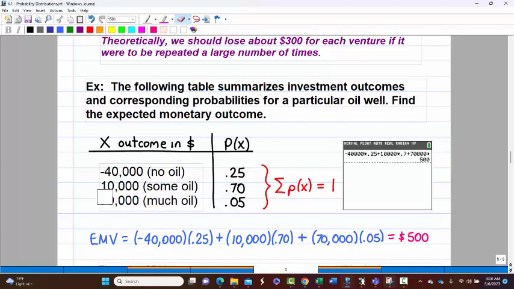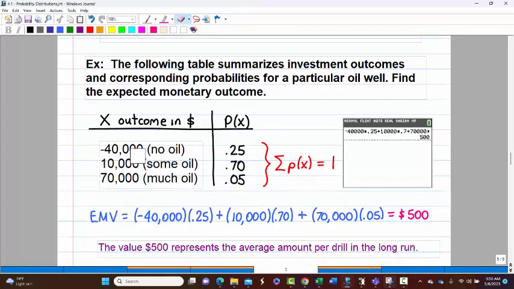Whatever some oil means, we'll profit 10,000. We have a 70% chance of that happening. And much oil will profit 70,000 with a 0.05 probability. I'm just making note here that the probabilities do add up to 1.